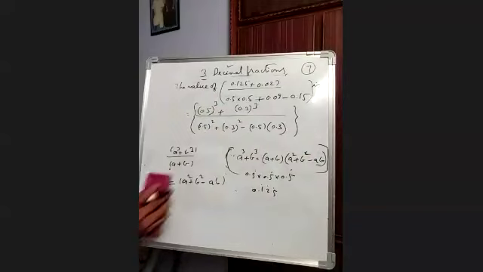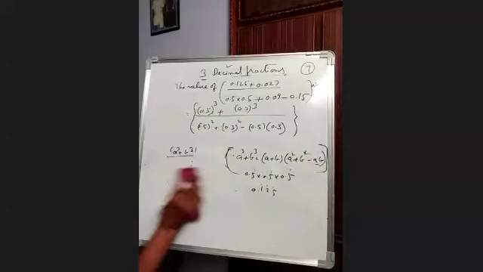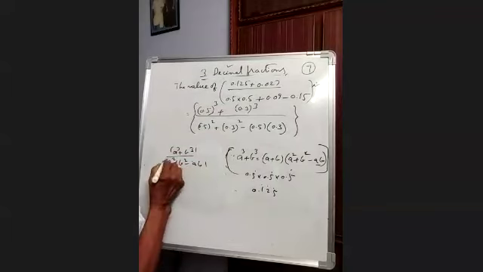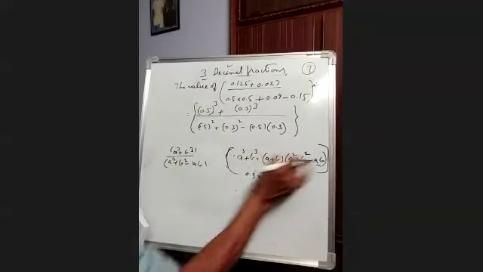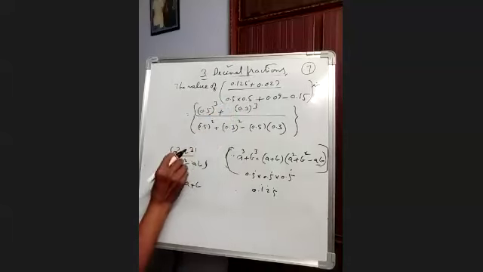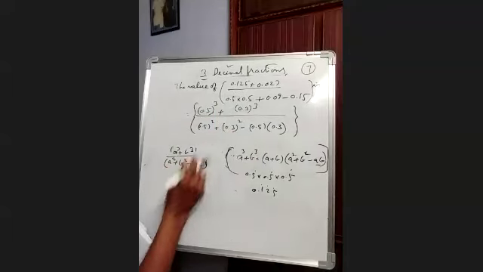Now, this is one formula. Another formula is A cube plus B cube by A square plus B square minus AB. This divided by this one gives A plus B. A cube plus B cube by A square plus B square minus AB will be A plus B only.